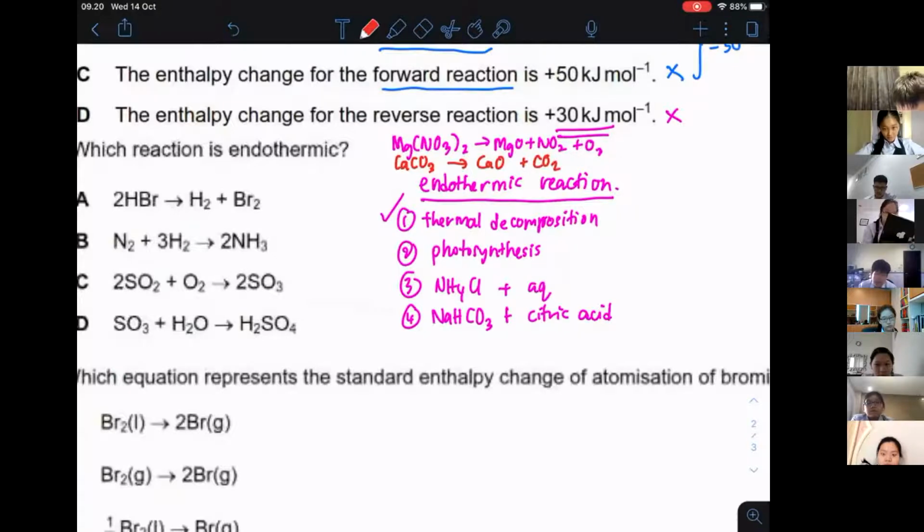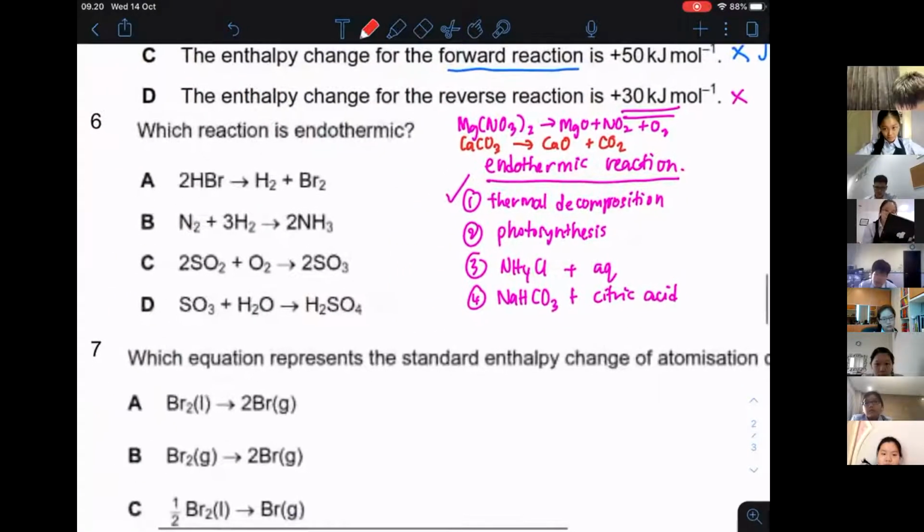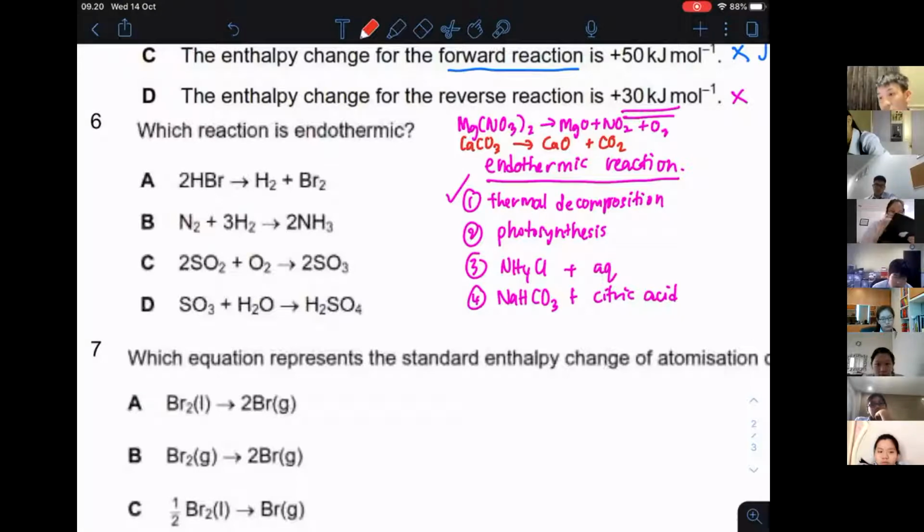Now from here, is there any of the equations A, B, C, D that looks similar to thermal decomposition? Lindsay? 2 HBr to H2 plus Br2. Yes. Why? It's okay, Lindsay. Raphael already answered. So Raphael, can you tell me, the 2 HBr giving you H2 and Br2, why you categorize it as decomposition?